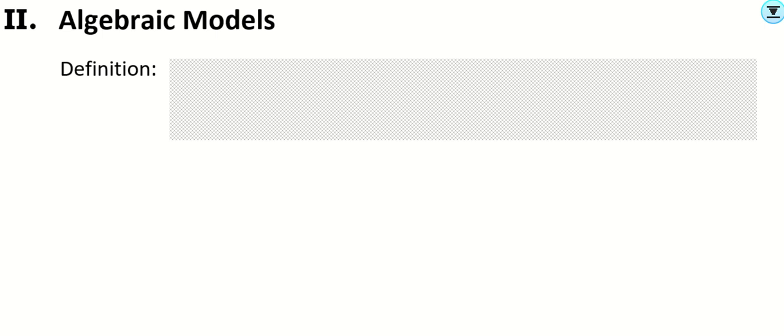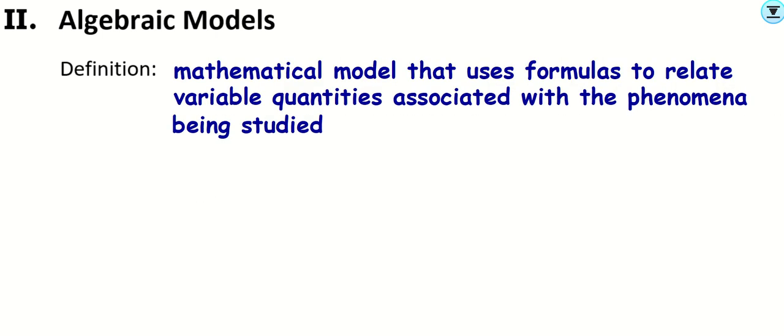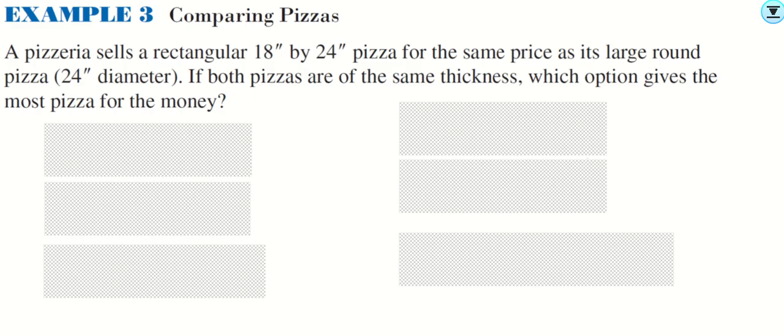But number 2 is algebraic models. We have numerical models, and now we're looking at algebraic, which is a model that uses formulas or equations as your main focus, equations, expressions, or formulas to relate variable quantities associated with the phenomena being studied.